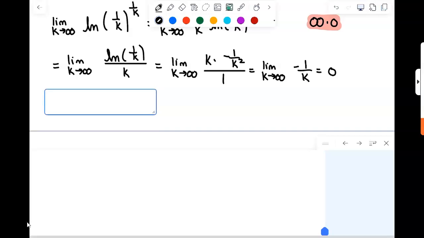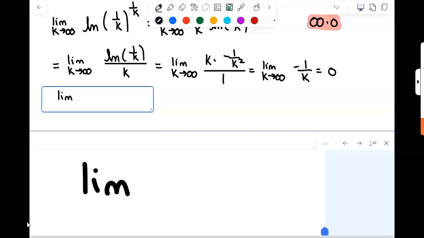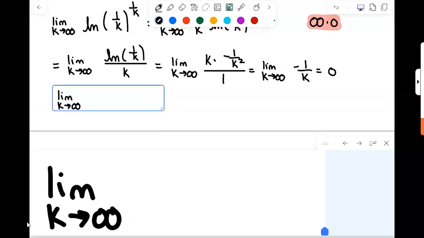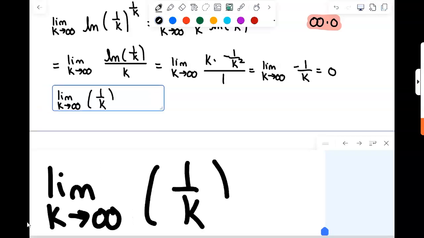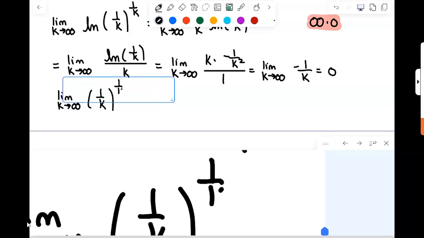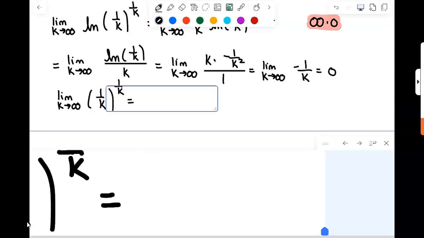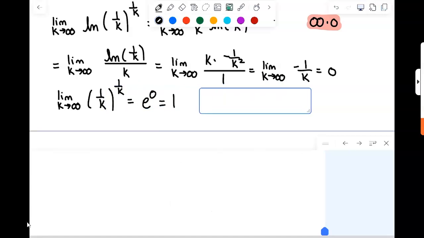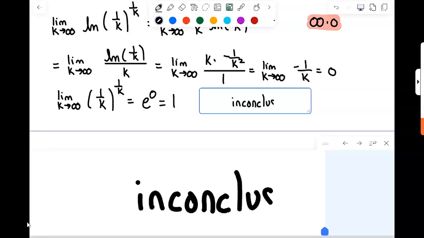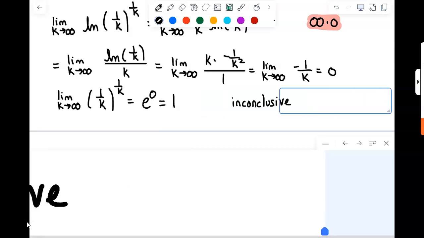That means the original limit we were looking at, the limit as k goes to infinity of 1 over k to the 1 over k, is equal to e to the 0, which is equal to 1. And so, unfortunately, the root test is also inconclusive on that 1 over k sequence.